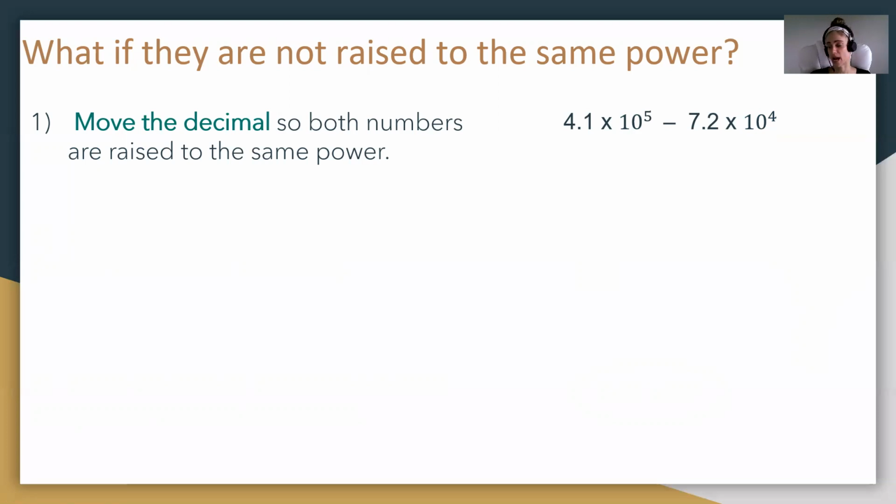So it really doesn't matter which one you use. I personally am going to go this way because I know that if I move my decimal point to the left, those are the positive numbers, so it's going to add 1 because I'm moving it 1 more time. If you wanted to go the other way and take 1 away, so if we wanted to change this one, I could move it 1 to the right, take 1 away, which means your exponent would go down to a 4.